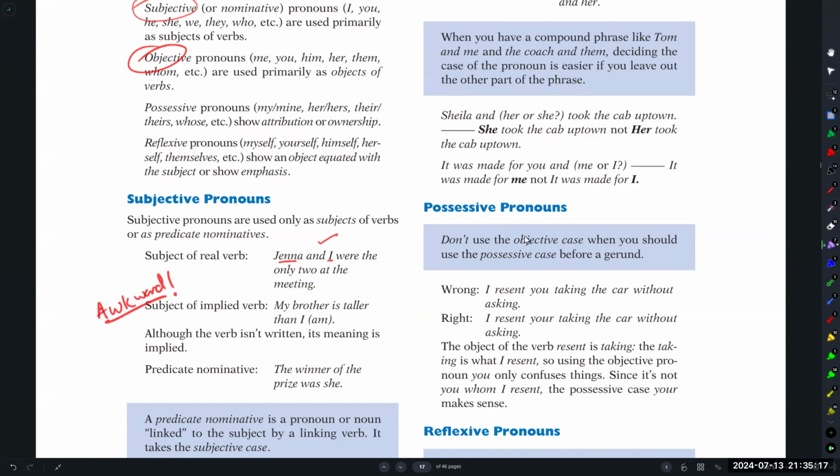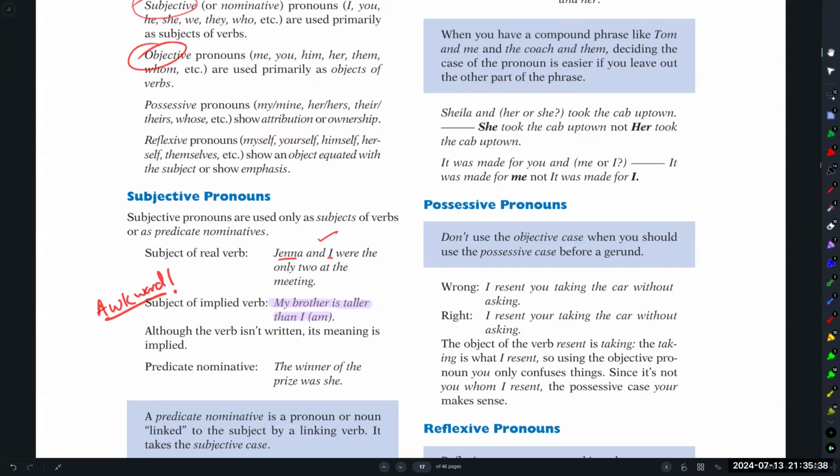So you'd see a lot of these kinds of errors misleading you. This one is the most important, where there's an implied verb. "My brother is taller than I" because there's an implied "am" which finishes it.